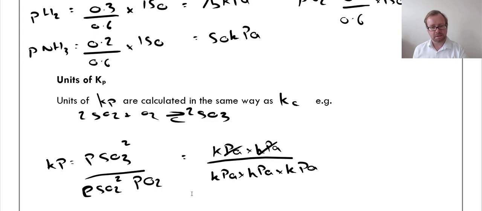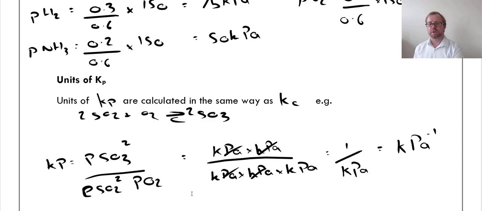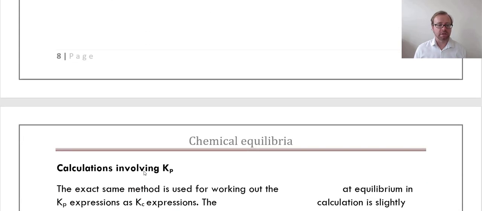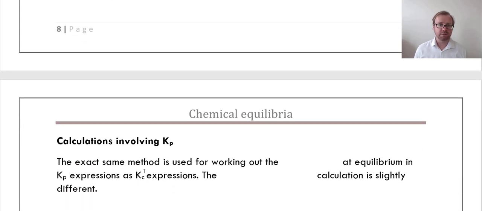Again, these will cancel out to give me 1 over kPa, which gives me a value of kPa to the minus 1 if I bring it up here. Exactly the same way that we work out the units for Kc, so I don't want to spend any longer on that. And we're now going to go on to calculations involving Kp.